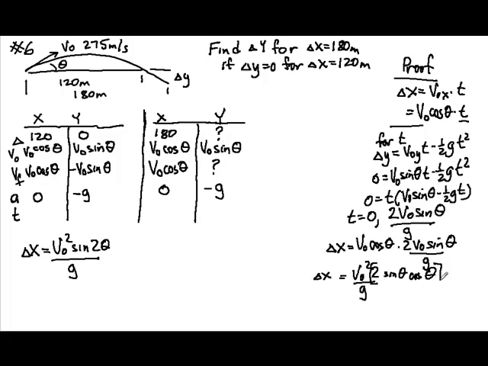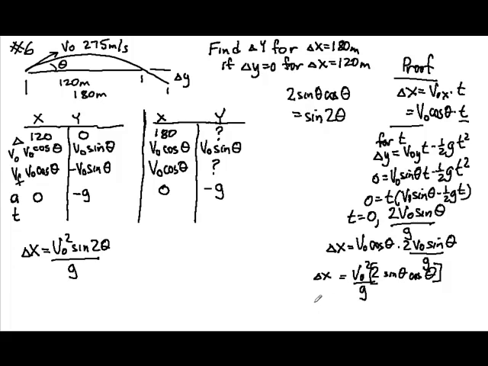And here's the one trig identity that we were looking at. Notice this right in here: 2 sine theta cosine theta is equal to sine 2 theta. So I'll put that in here now.